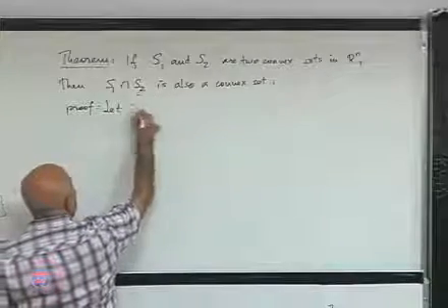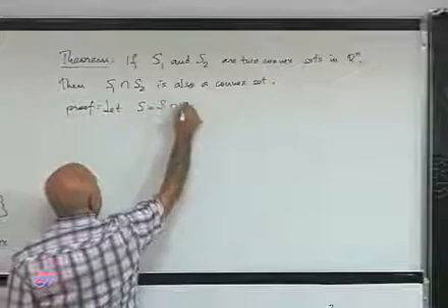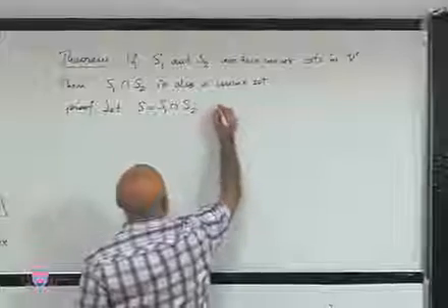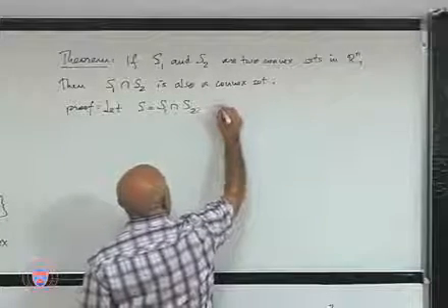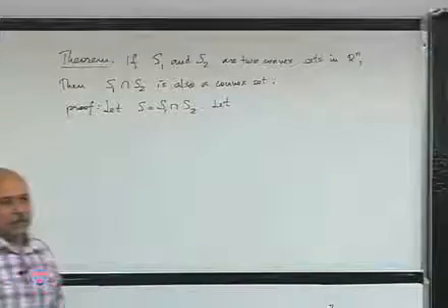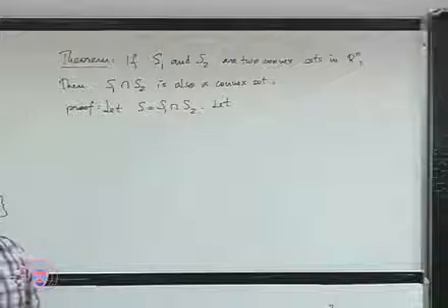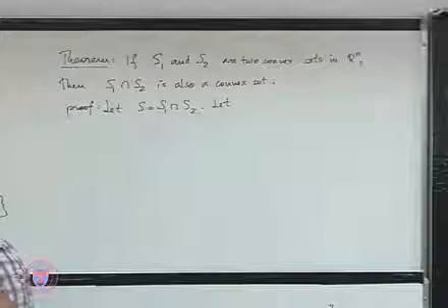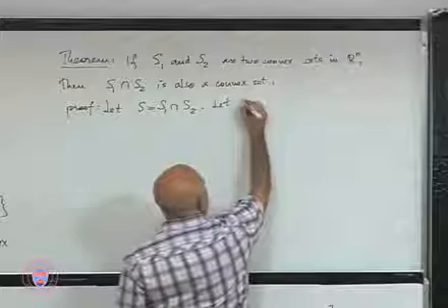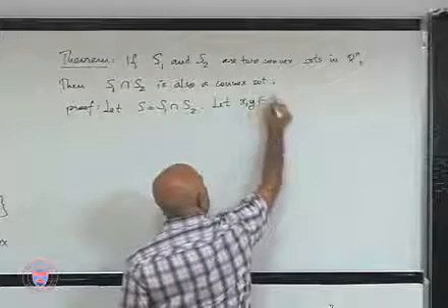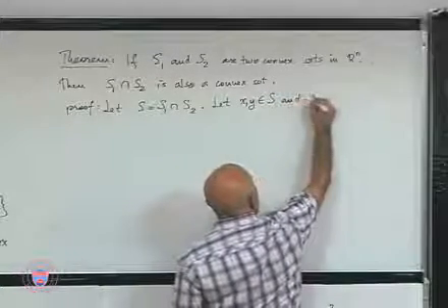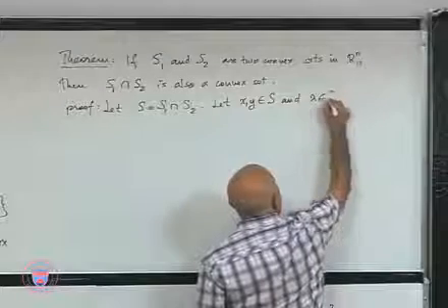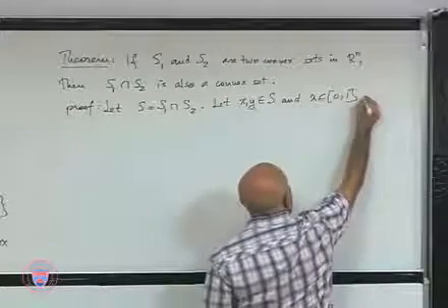Let's just define S to be the intersection. So you just apply the definition. You say let x, y be 2 points in S and lambda be a number between 0 and 1.